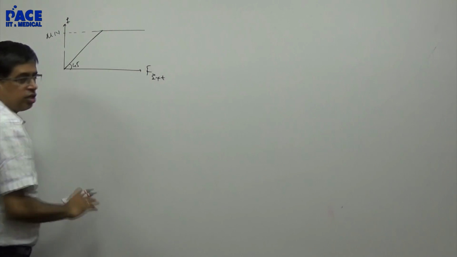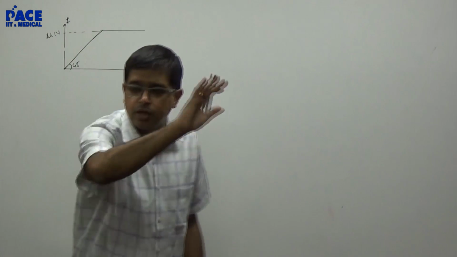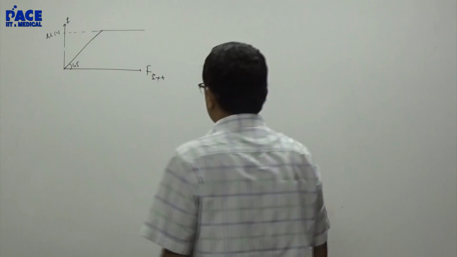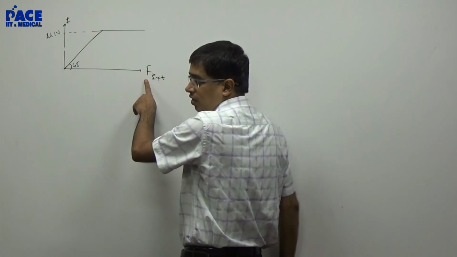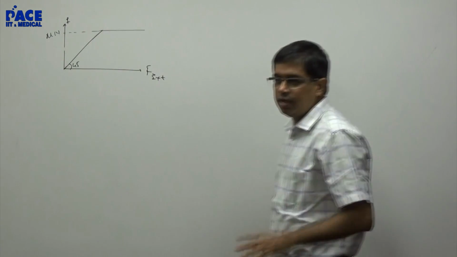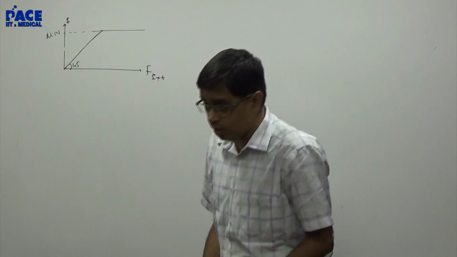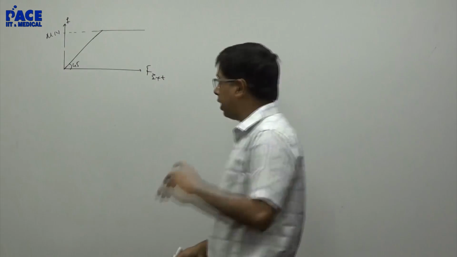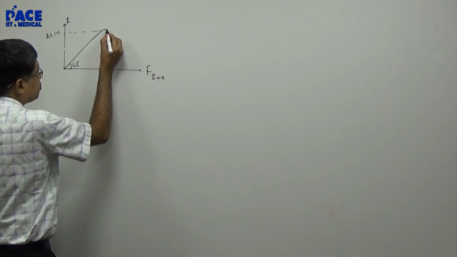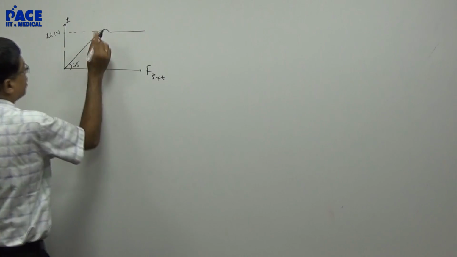The moment you reach the limiting value, friction will remain constant thereafter, even if you are increasing the external force. Even if you are increasing the external force, mu n will remain the same. This is what you told me till now. Yes or no? There is a small correction here. What is the correction? This will take a small plunge this way and it will become a straight line.